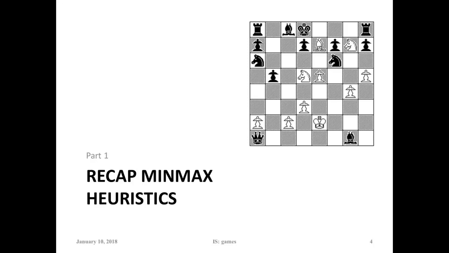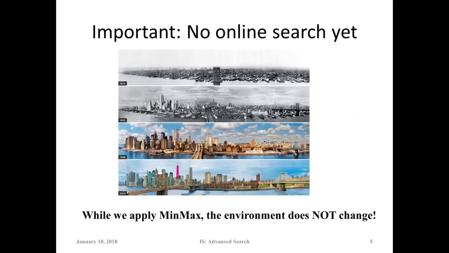Now let's recap the min-max and the heuristics, because it was again at the end rather fast and we were all a bit tired, probably, I was at least. There's one thing I really want to emphasize again, and that is: min-max is an offline procedure. What does it mean?